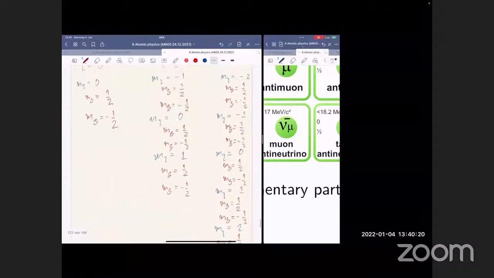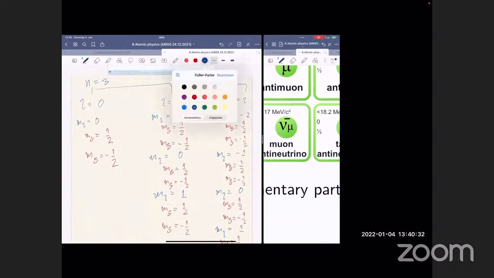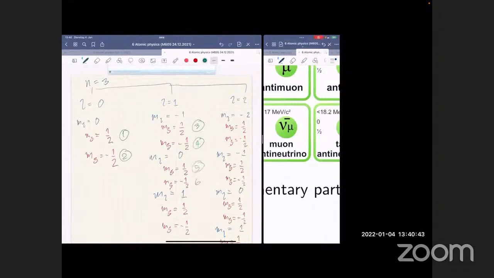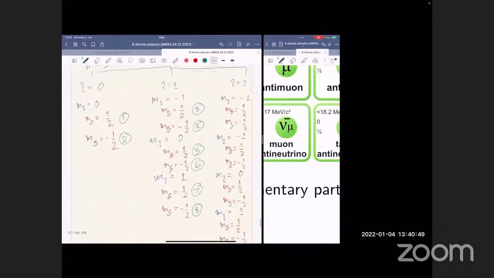Okay, so let's count the possibilities for this n equal to 3 case. Sorry, let's use this one. The first case, the second case, the third case, the fourth case, the fifth case, the sixth case, the seventh case, the eighth case.